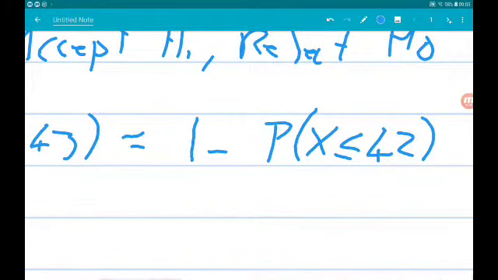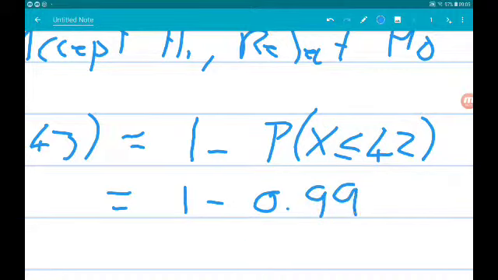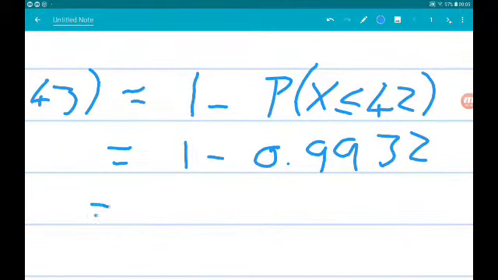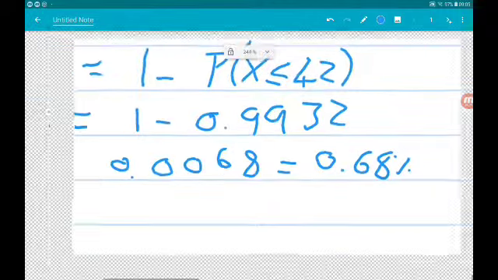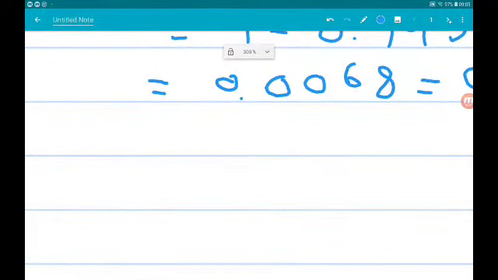So that gives us 1 minus 0.9932. Now that gives us 0.0068, which is 0.68%.